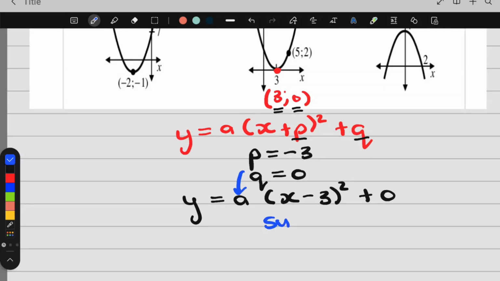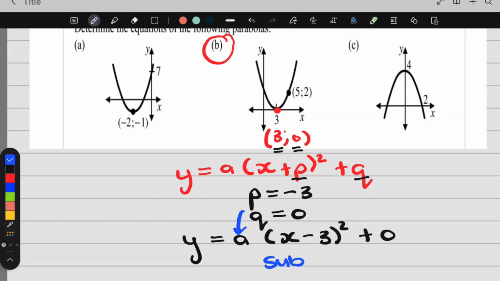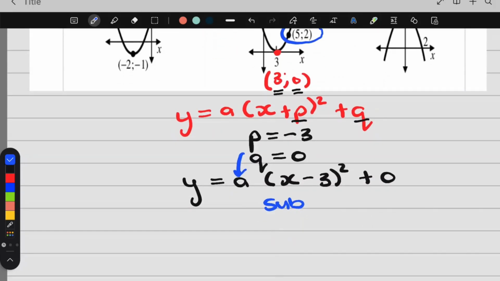Let's look. Do we have another point? Yes, we have this point. The point is (5, 2). So I'm going to substitute 5 and 2. So that means wherever there's an x, I'm going to write 5. And wherever there's a y, I'm going to write 2.